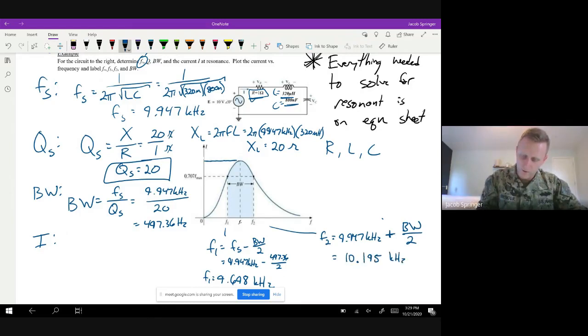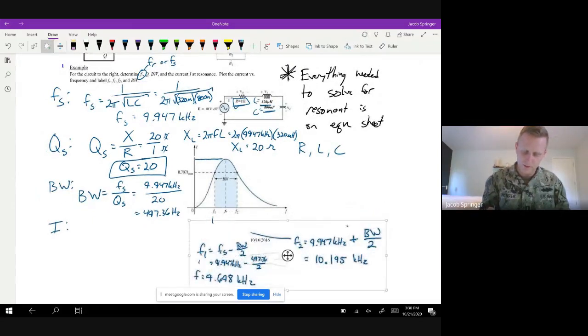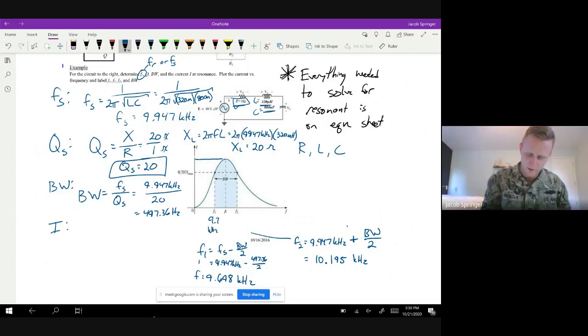10.195 kilohertz. So if I'm looking at this graph here, I'll pull this down so that we can see, right? And so if I was to label these, I would put on the F1, 9.7 kilohertz.